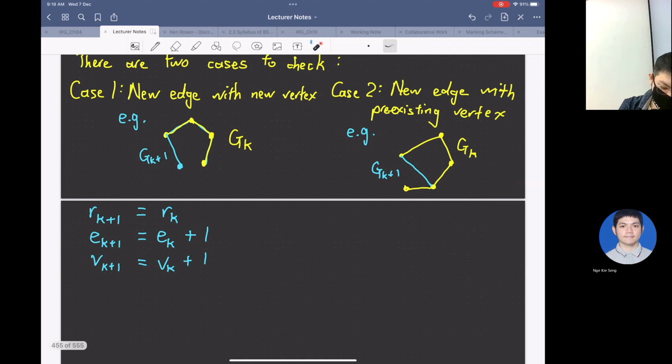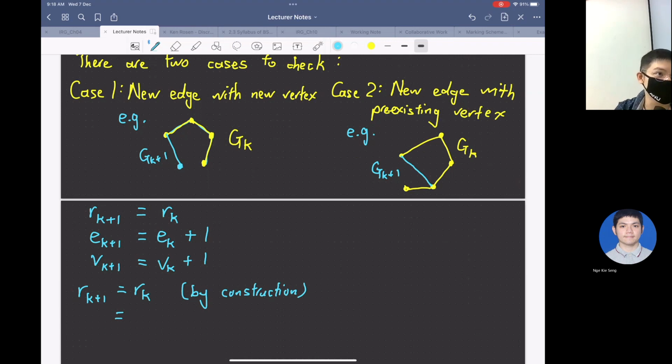RK plus 1 equals RK by construction. And then RK is equal to what? You are at the inductive hypothesis, GK step, so you can apply the formula.